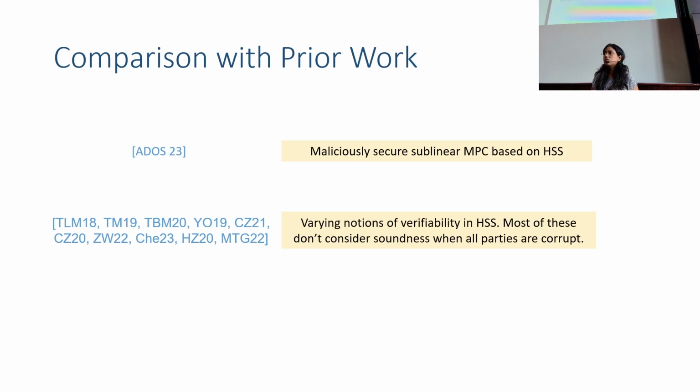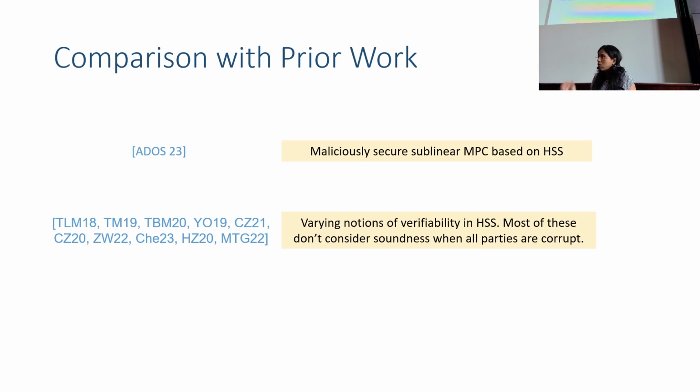This recent work designs a maliciously secure sublinear MPC that's based on HSS. The difference between their setting and our setting is that they only require output to be correct if at most a subset of the parties are corrupt. In contrast, like I just mentioned on the previous slide, we want soundness or correctness to hold even when potentially all of the servers are corrupt.